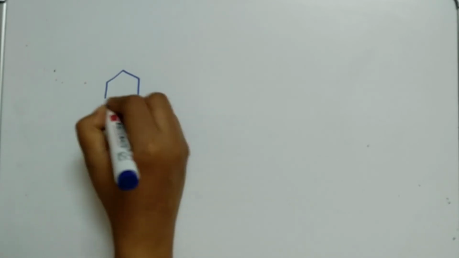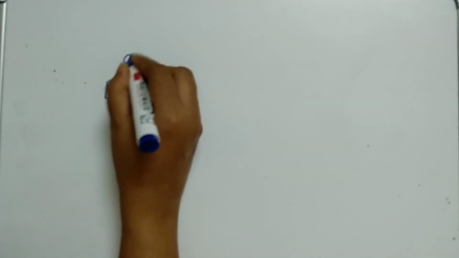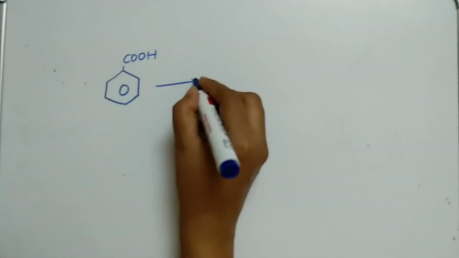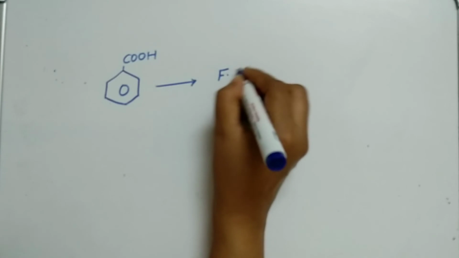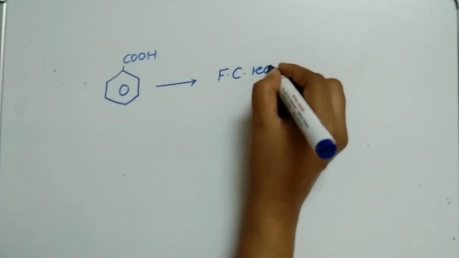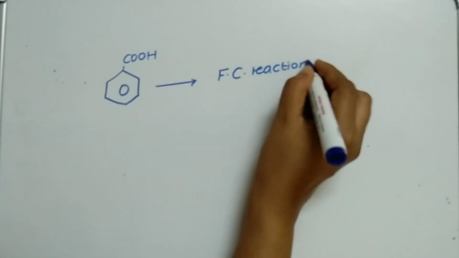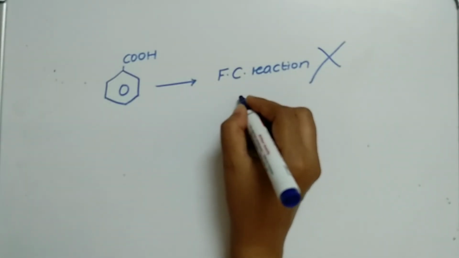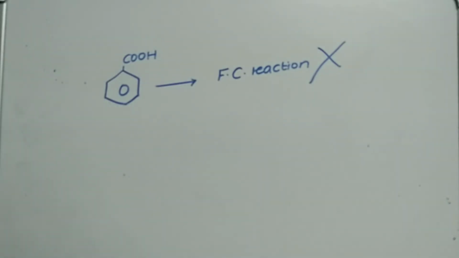The next one, benzoic acid. We are learning the set of reactions here, but benzoic acid will not give the Friedel-Crafts reaction, correct. For Friedel-Crafts reaction, we have two sets of reactions: one is acylation, one is alkylation. So benzoic acid does not form products if Friedel-Crafts reagents are used.